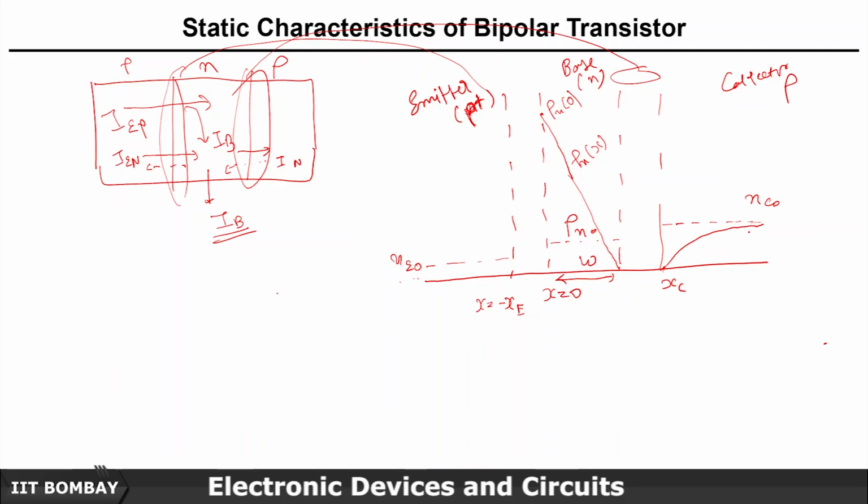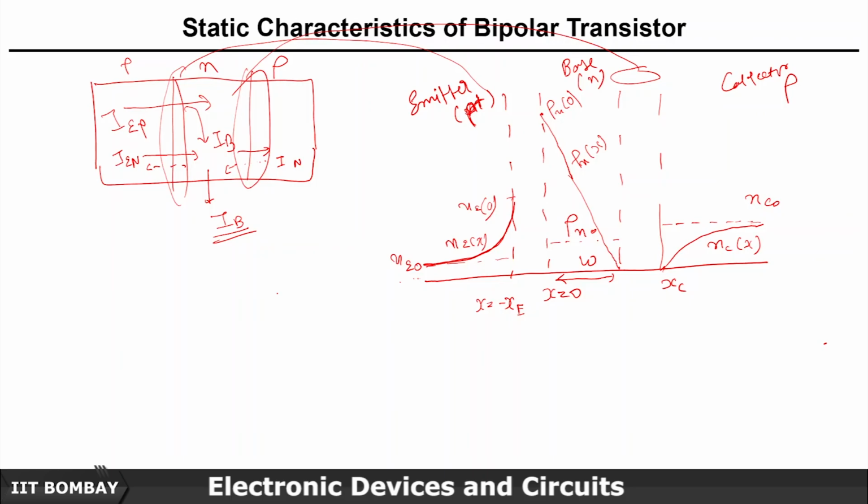They will stay here and slowly deplete. So this is Nc(x), this is Pn(x). And similarly, electrons will move from the N to the P side, so this will be diffusion, something like this, and this will be Ne(x), and this is Ne0. So this is the minority charge carrier distribution profile.